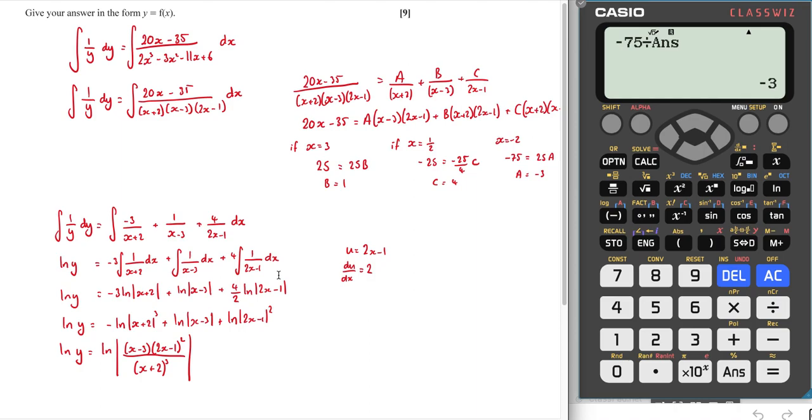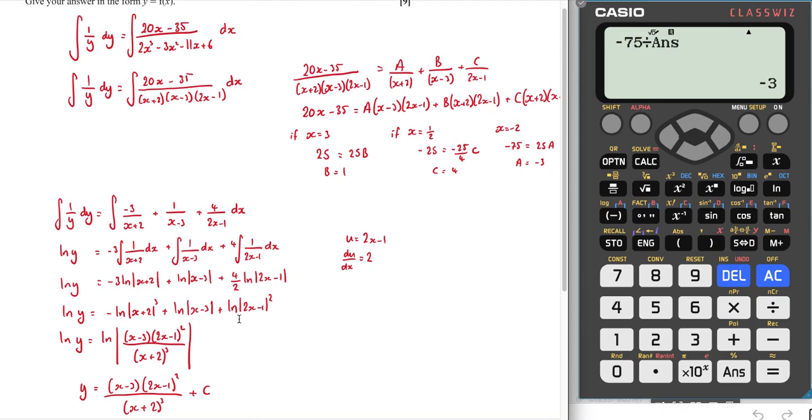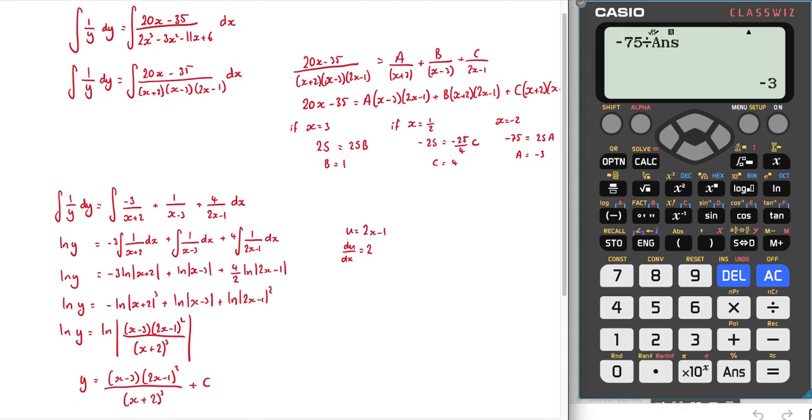There's a plus c on there on the end. Who cares what that is just yet? So y is going to be x minus 3, 2x minus 1 squared over x plus 2 cubed plus c. And that finishes off October 2020 OCR A-Level Paper 1.